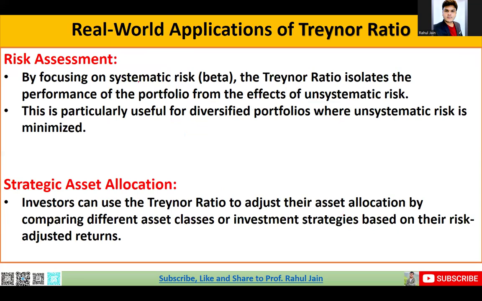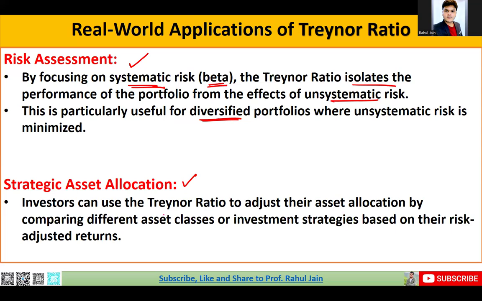Risk assessment: by focusing on systematic risk, beta, the Treynor ratio isolates the performance of the portfolio from the effect of unsystematic risk. This is particularly useful for diversified portfolios where unsystematic risk is minimized. So for risk management purposes also, many fund managers use it in the real industry. For strategic asset allocation, there are right now so many different types of portfolios which work on different strategies.